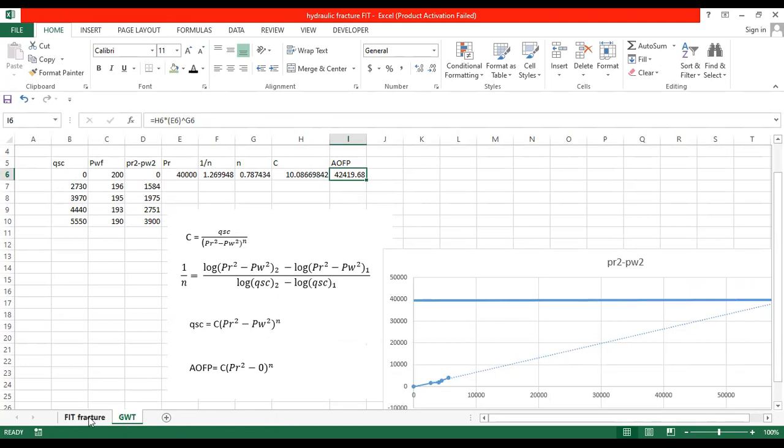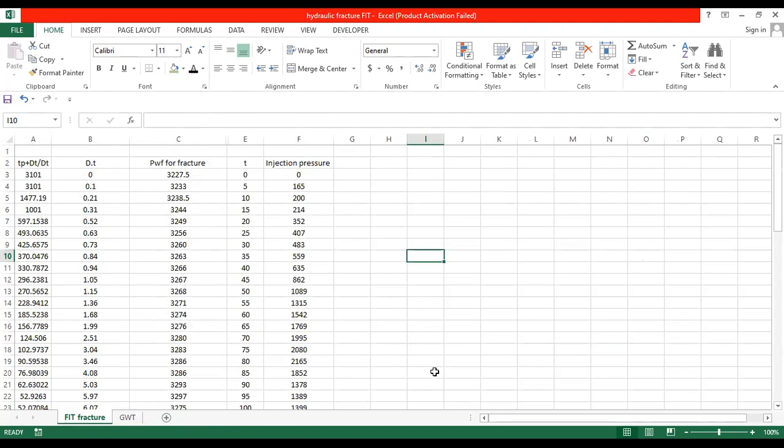Then if you start moving towards hydraulic fracturing, first of all, we need to start generating a graph, that is the pressure buildup graph. So this is the data that we have, that is TP plus delta T by delta T, and delta T, PWF, where the fracture was generated by these pressures, and TP is the injection time.